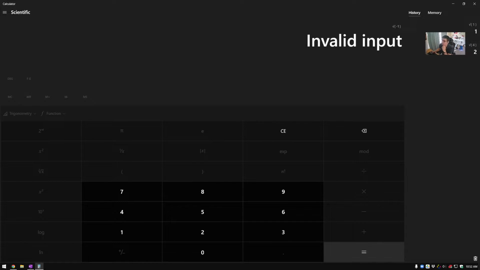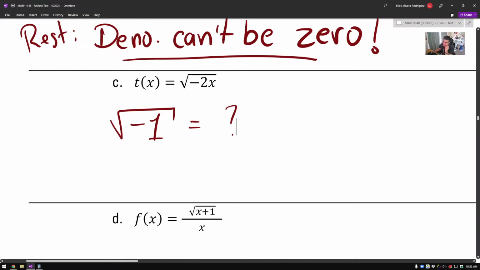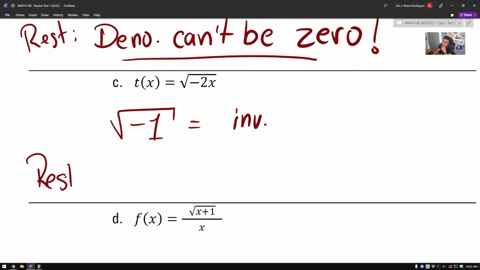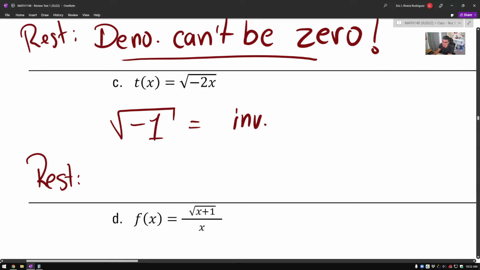Okay. So this is going to give off the restriction. This is invalid, or undefined at this moment, because we are working with the real numbers. So there is a restriction here. The square root or the radical has two parts, the radical and the radicand. The radicand is anything that is inside the radical.